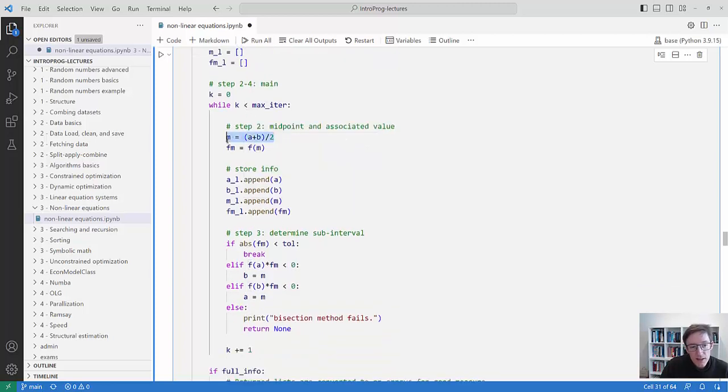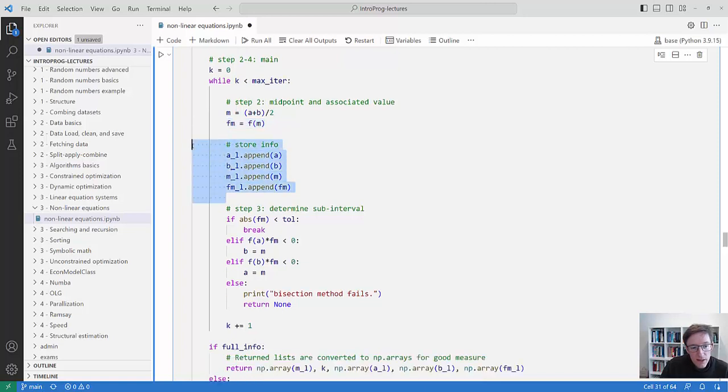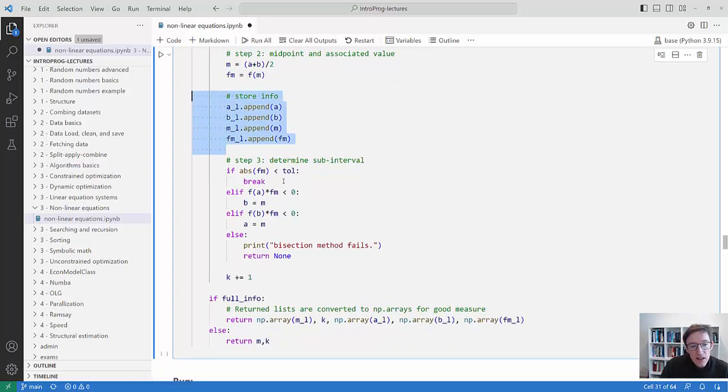So the midpoint, that's simple. We take the function value at the midpoint. We store all the information that we have. If our absolute value is less than the tolerance, then we break out. Otherwise, if we have that A and M have different signs, then we set B equal to M. If B and M have different signs, then we set A equal to M. And if none of this is fulfilled, if something weird has happened, then we say that this has failed.